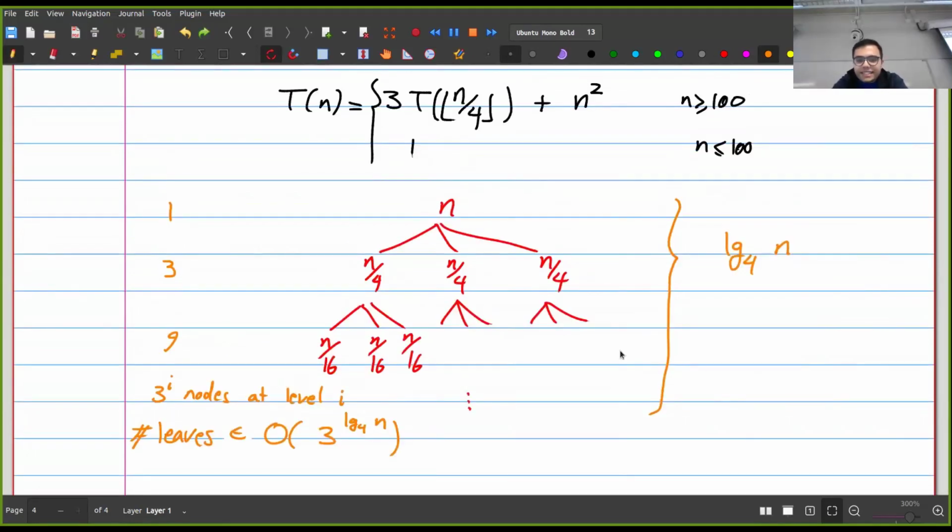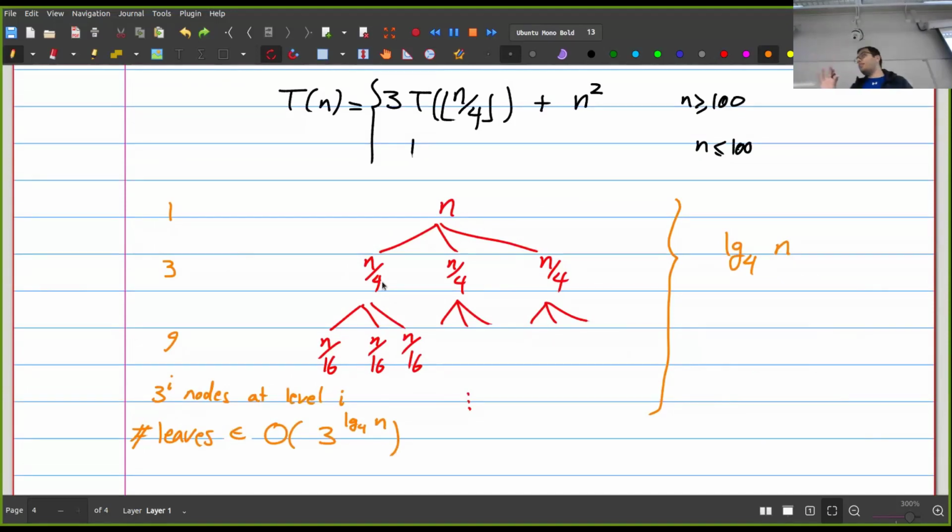So at each one of my leaves, I'm spending constant time. I'm spending just 1 unit of time. Right? But how much time am I spending at the non-leaf nodes?